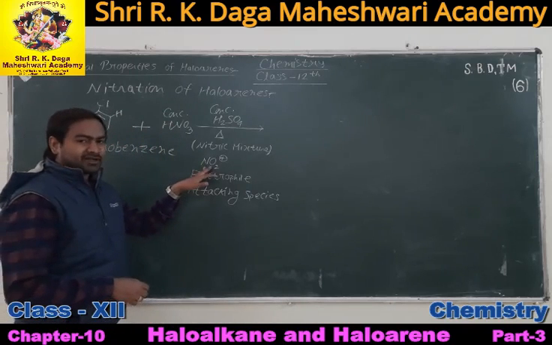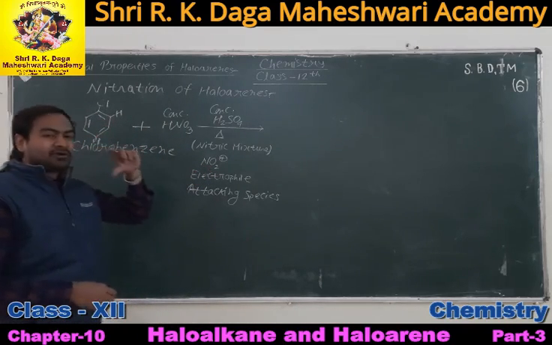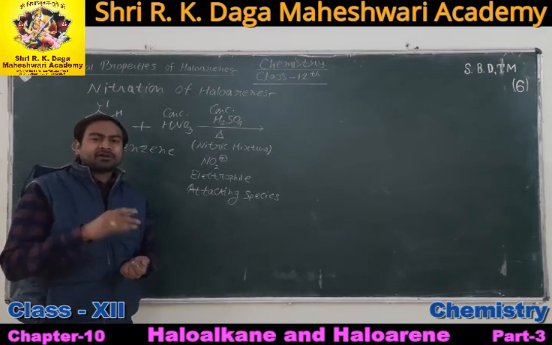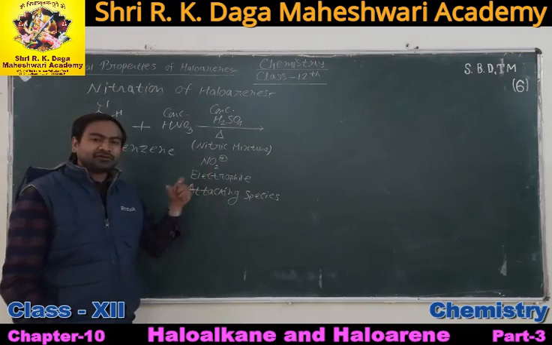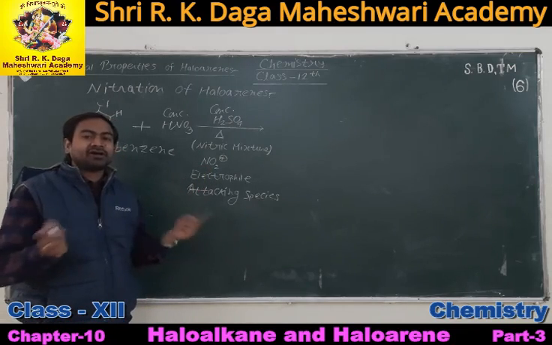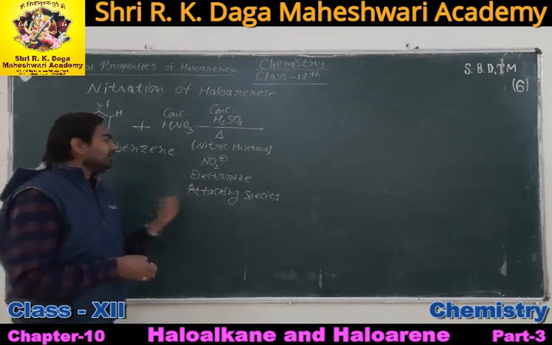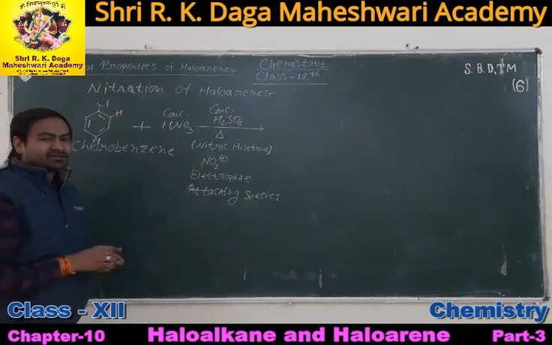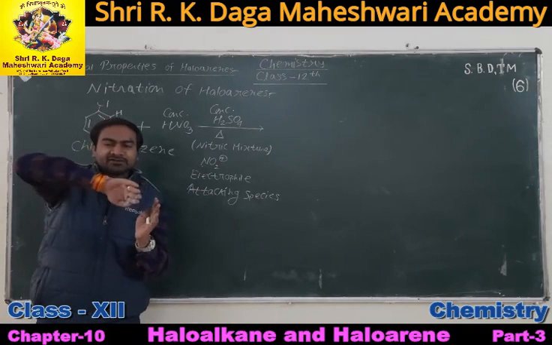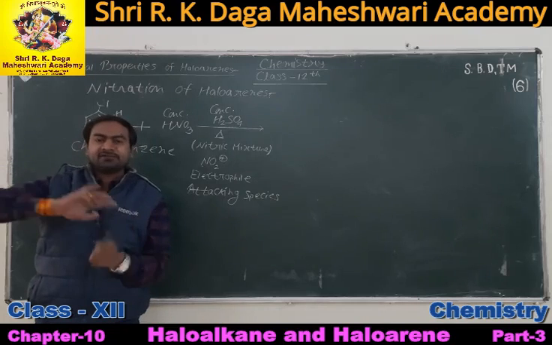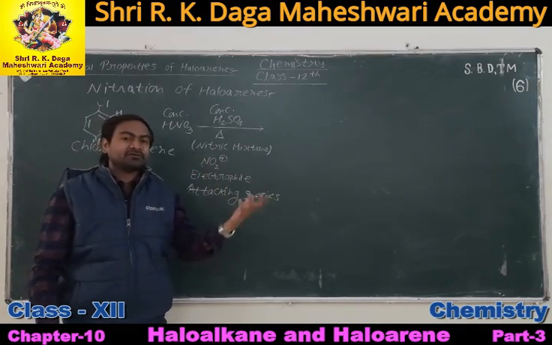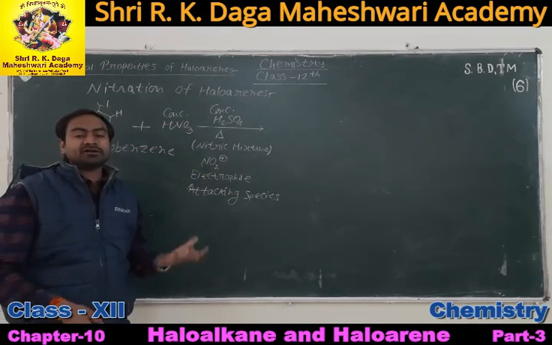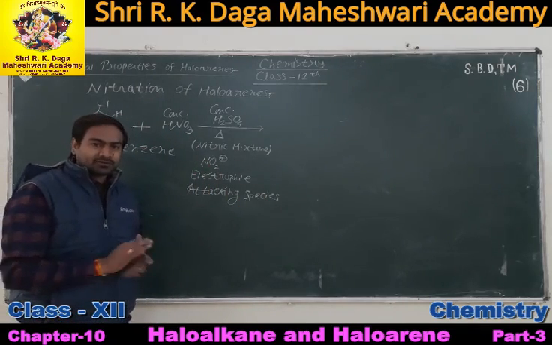Now it will attack on the pi bond of the chlorobenzene because the pi bond contains electrons and NO2 has a positive charge, so the positive and negative attract each other. When it comes closer to this H, it will substitute the H in the form of a proton. As it does not contain electrons, the removal of hydrogen occurs in the form of a proton.